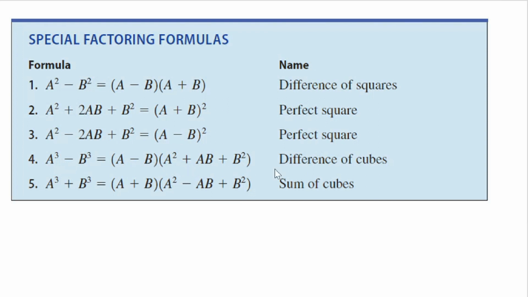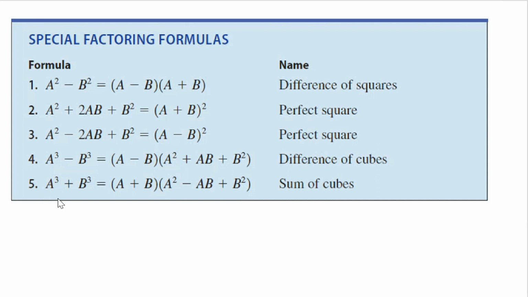Now the next term, the trinomial, is actually coming from the binomial a minus b. So now you square the first term, we have a squared, and then take the product of the two terms, a times b is ab, and get the opposite sign. We have positive ab and the square of the last term.